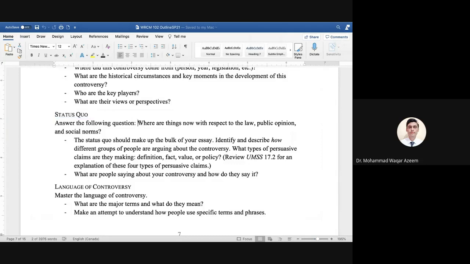Answer the following question. What are things now with respect to the law, public opinion, and social norms with reference to that particular controversy?